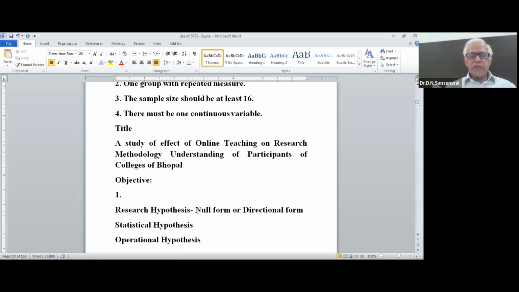Similarly, your statistical hypothesis can be in the null form or it may be in the directional form. And your operational hypothesis also can be in the null form or can be in the directional form.